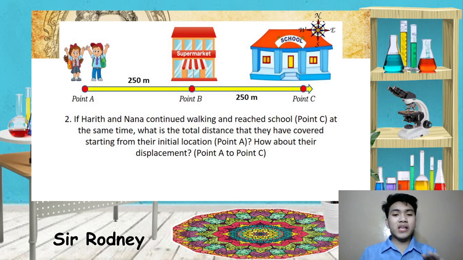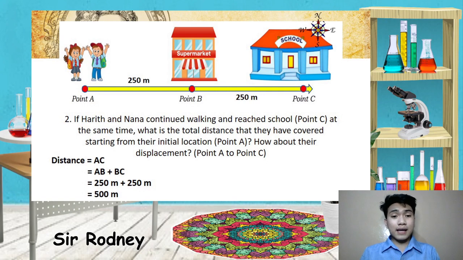In order to solve this problem, we must find the distance between point A to point C. Therefore, we must add the distance between point A to point B and point B to point C. In equation, distance is equal to AC, which is equal to AB plus BC. Substituting the value, 250 meters plus 250 meters is equal to 500 meters.